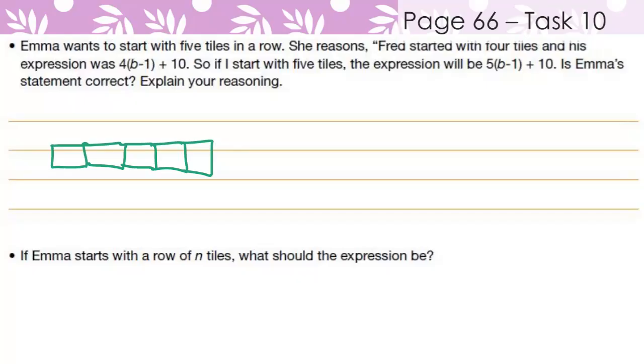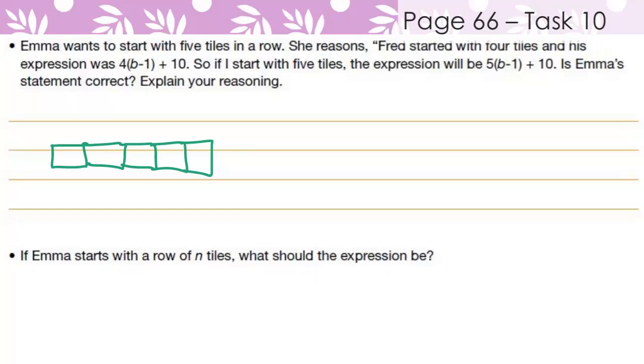And she says, well, Fred started with 4 tiles and his expression was 4 times b minus 1 in quantity plus 10. So if I start with 5, the expression should be 5 times b minus 1 in quantity plus 10. Is her statement correct?